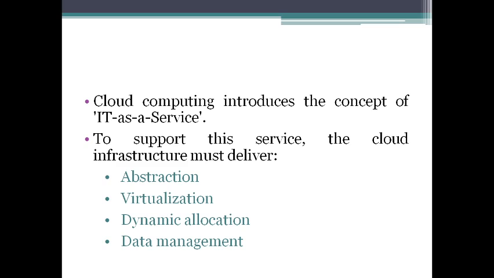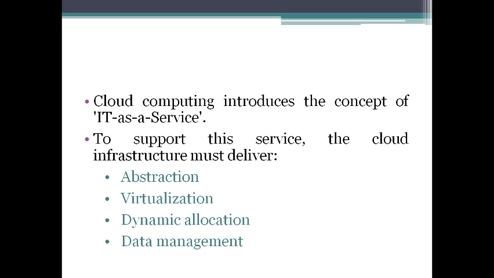So to support this, the cloud must deliver abstraction, where the user is mainly focusing on the execution of his operations alone; virtualization, on-demand services independent of location and resource constraints; dynamic allocation, dynamically provisioning, configuring, reconfiguring, and deprovisioning IT capability as and when required, transparently and seamlessly.